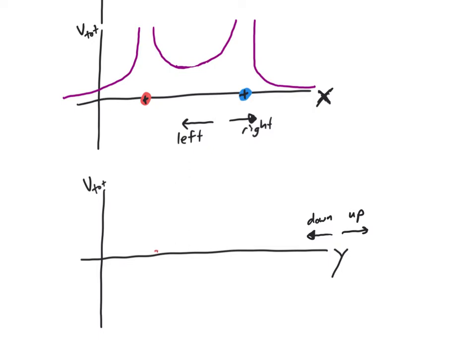Two charges. The red one is still going to be a positive charge. No surprises there. The blue one is going to be a negative charge. Not too surprising, but it will give a different result.